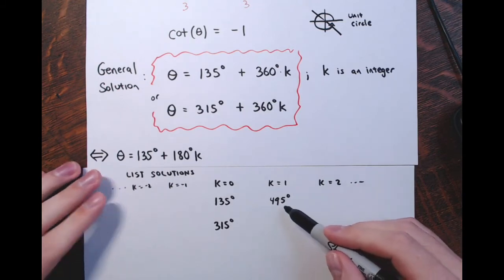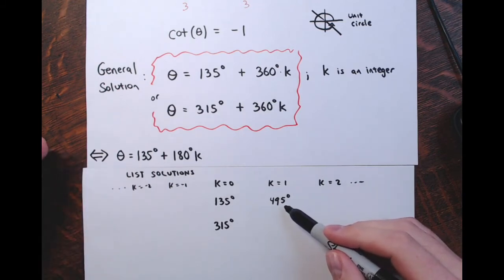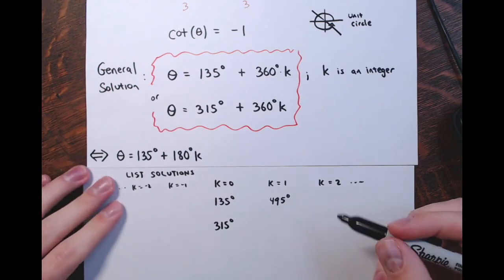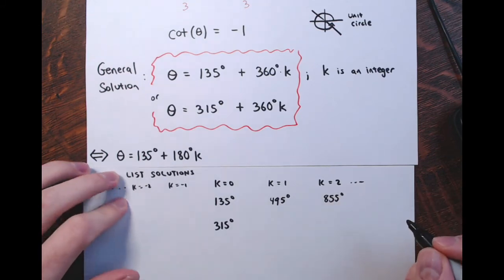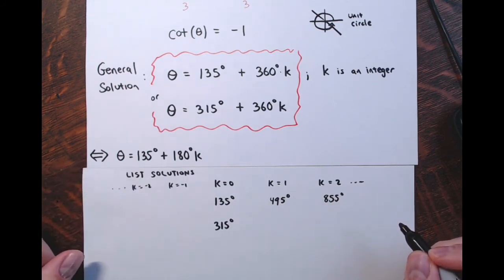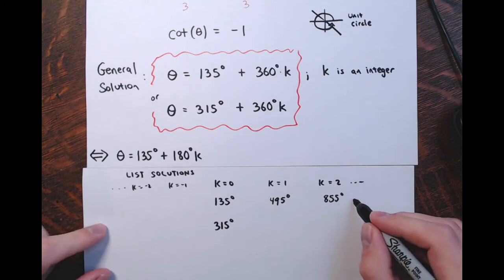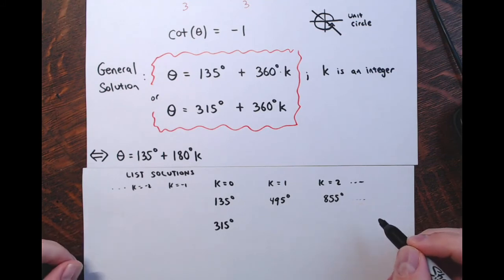If I add 360 again, that'd be 855 degrees. So if theta were 855 degrees, that would also be a solution. And again, you can keep going.